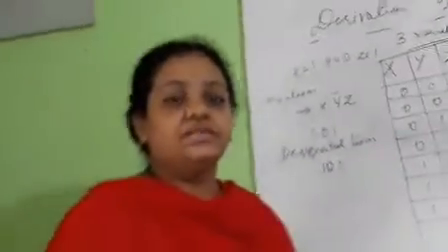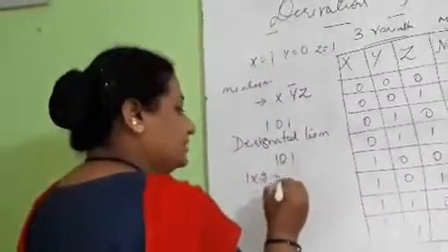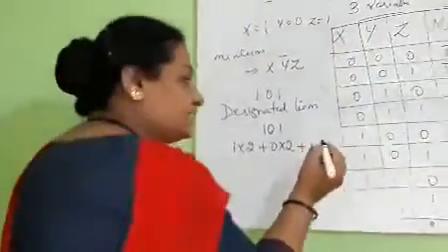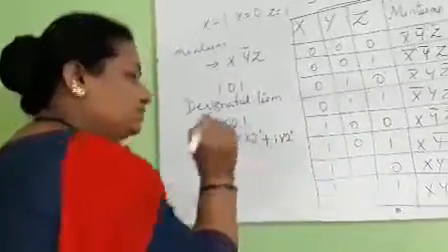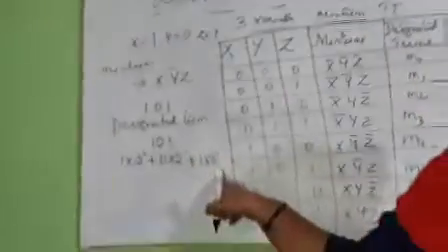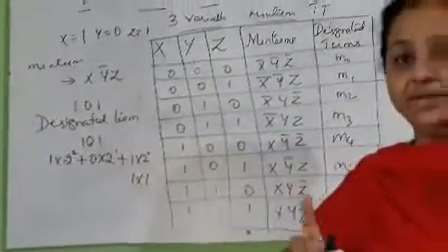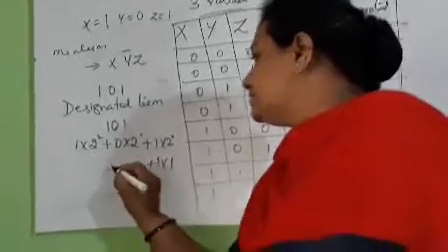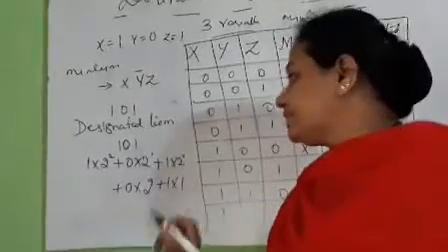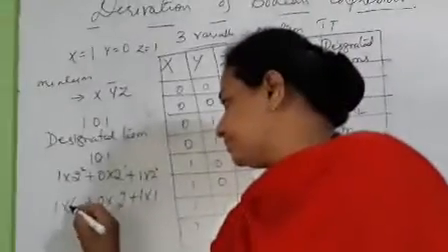Let us first convert the value 101 into decimal. So 1 into 2, plus 0 into 2, plus 1 into 2, raising the powers from 0, 1 and 2. Now 1 into 2 to the power of 0 is 1, plus 0 into 2 to the power of 1 is 2, then 1 into 2 to the power of 2 is 4.